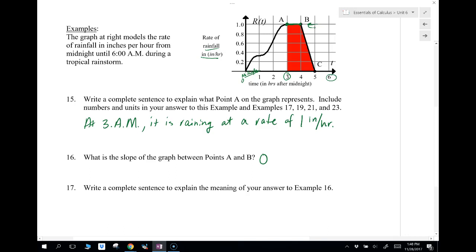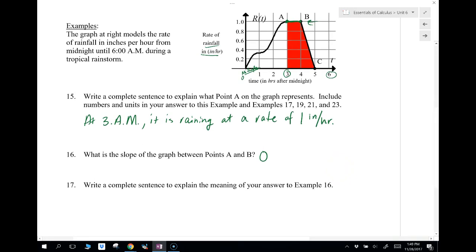That means the rate at which the rate of rainfall is changing is not changing, right? So it means that there's no change in rate. I know there's a lot of change. And every time I put the word change or rate or slope in a sentence, that's basically like a derivative. So I'm looking at the slope of the rate.